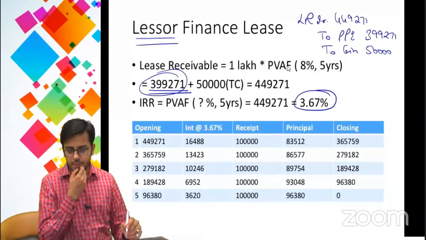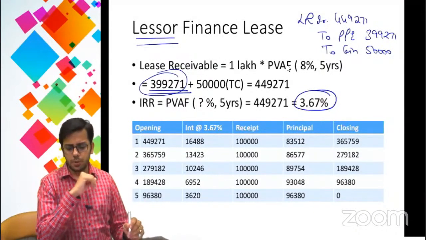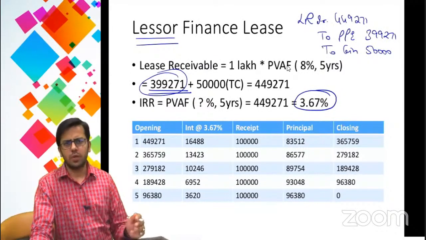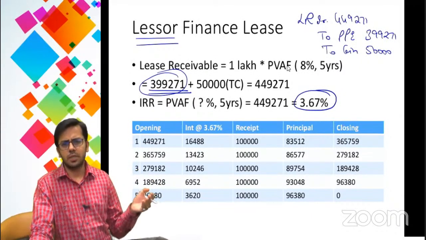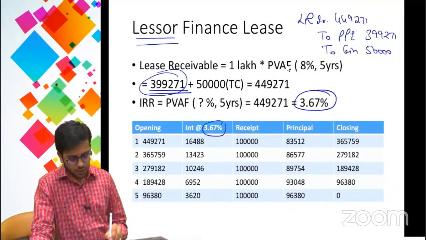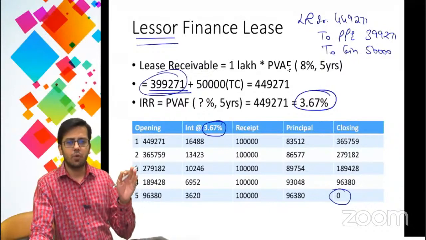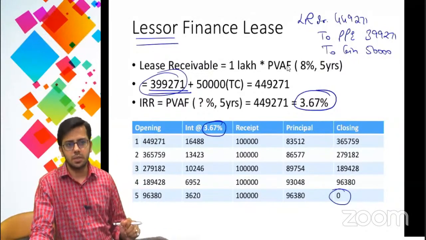I hope you are able to understand what I am trying to tell you. 3.67% is IRR. How have we calculated it? Trying various discount rates, reducing it from 8 to 7, 6, 5, 4. And ultimately, if we consider 3.67%, we finally get a zero. If we start from 4,49,271, we end up getting zero.